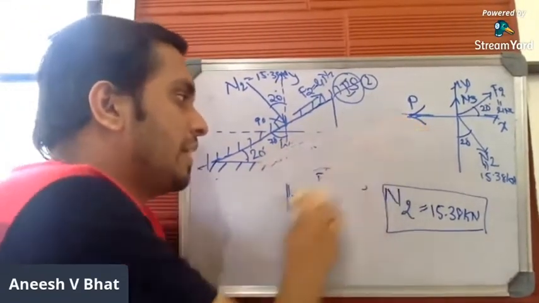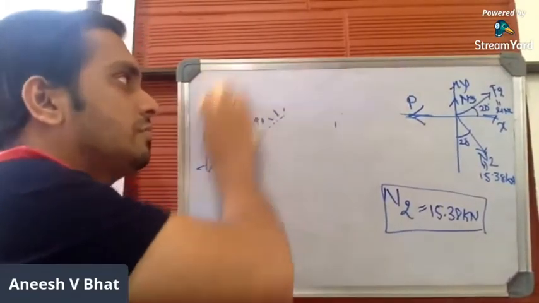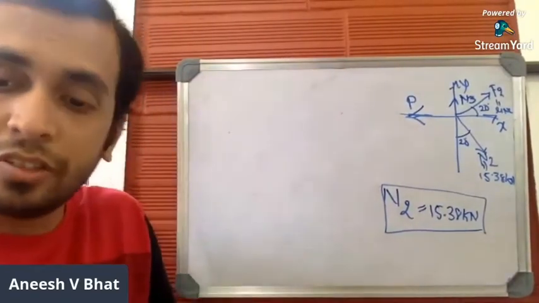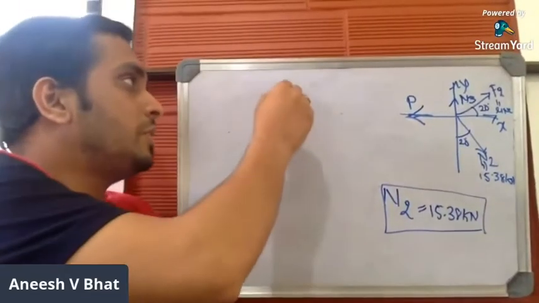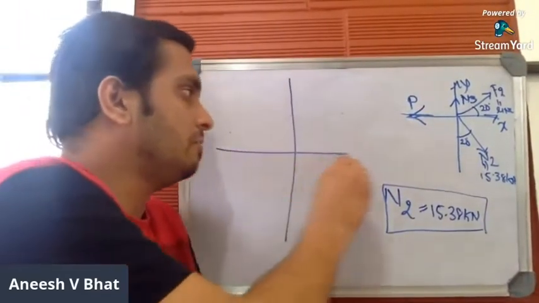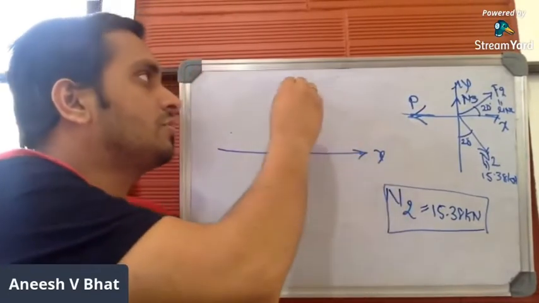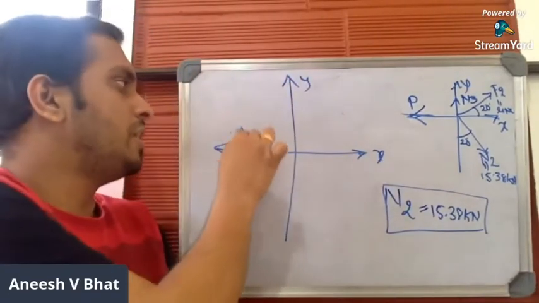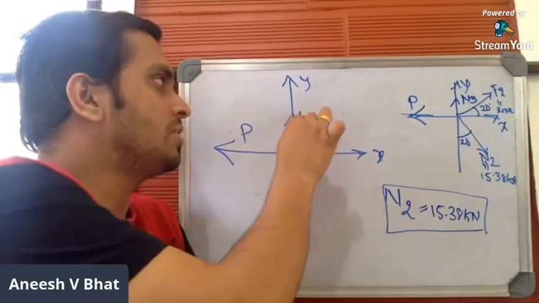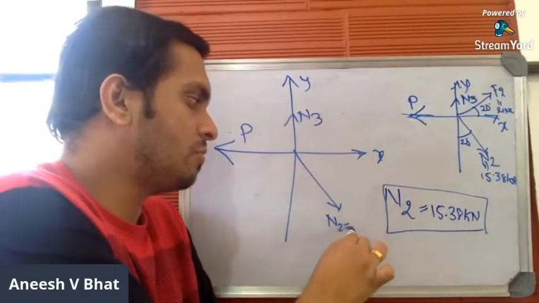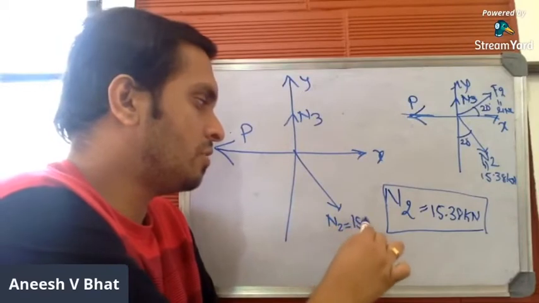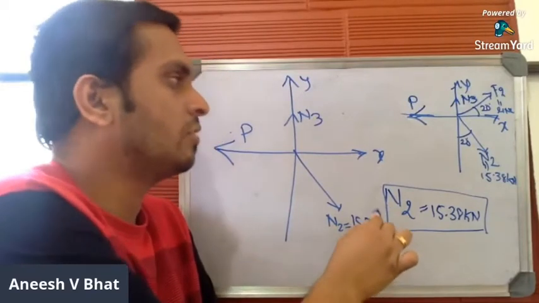Let me magnify and draw the free body diagram, and let me show the calculations. Once you draw the free body diagram, you have to apply the conditions of equilibrium even for this. X-axis, Y-axis. This is P. This is N3. This can be N2, which is equal to 15.38 kilonewton.